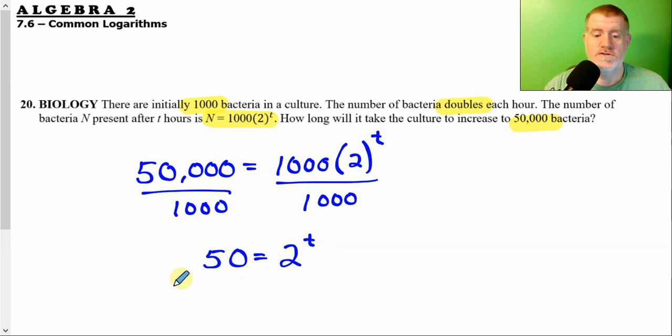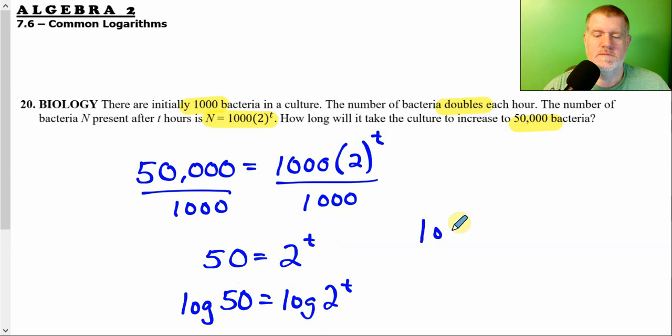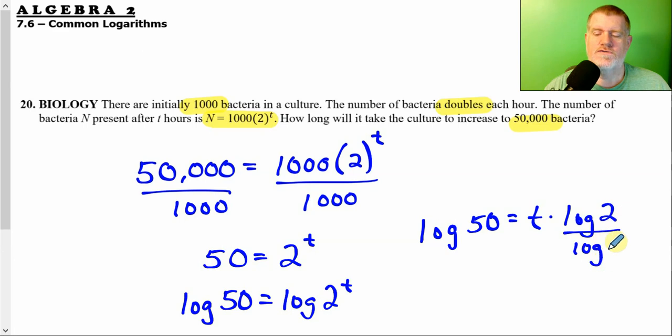Well, again, the unknown's an exponent. So the t can come out in front. And divide both sides by the log of 2. Alright, now we'll flip it around.